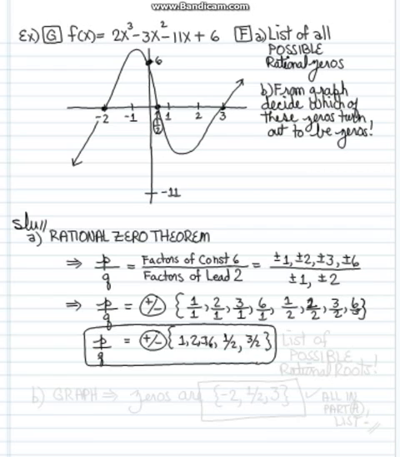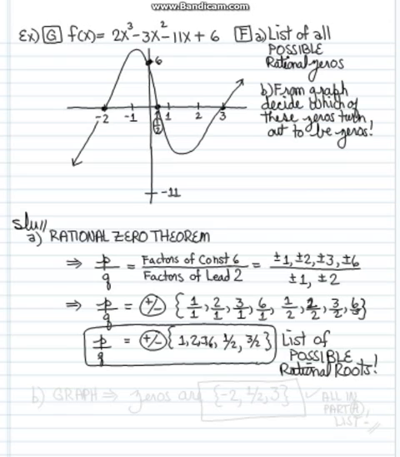So there's the list of all numbers that have factors of the constant coefficient on the top over factors of the lead coefficient on the bottom. Okay? So if there is a rational zero for this function, it is in that list somewhere. All of them might not be rational zeros, but if there is one, it's in that list.